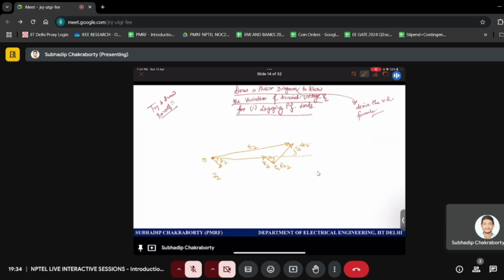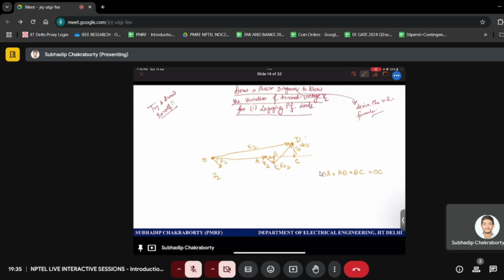So if I call this point O, this point A, maybe this point as B, this point as C, I can write OA plus AB plus BC is nothing but OC.